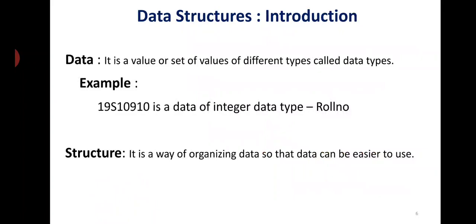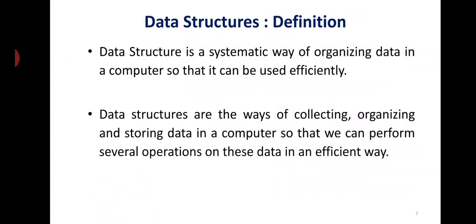Okay. So next, structure is what? It is a way of organizing data so that data can be easier to use. And why we have to organize in a structure systematically, to use them efficiently. Okay. Data structure is a systematic way of organizing data in a computer so that it can be used efficiently.